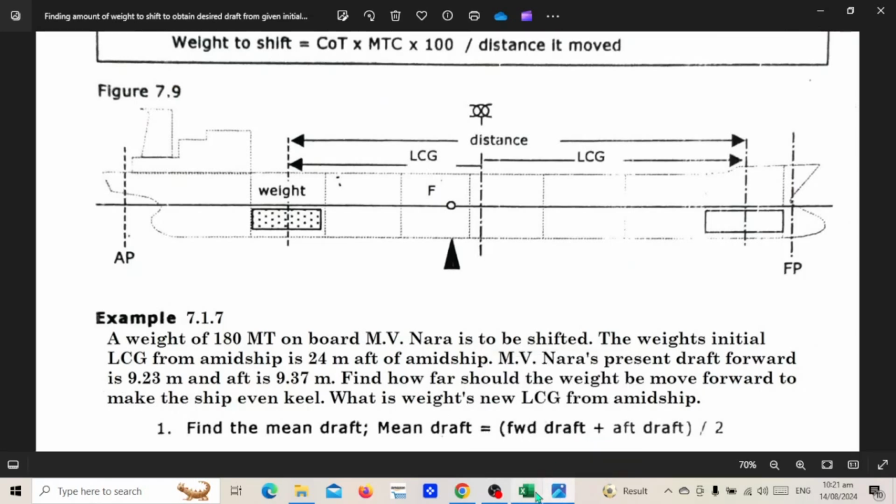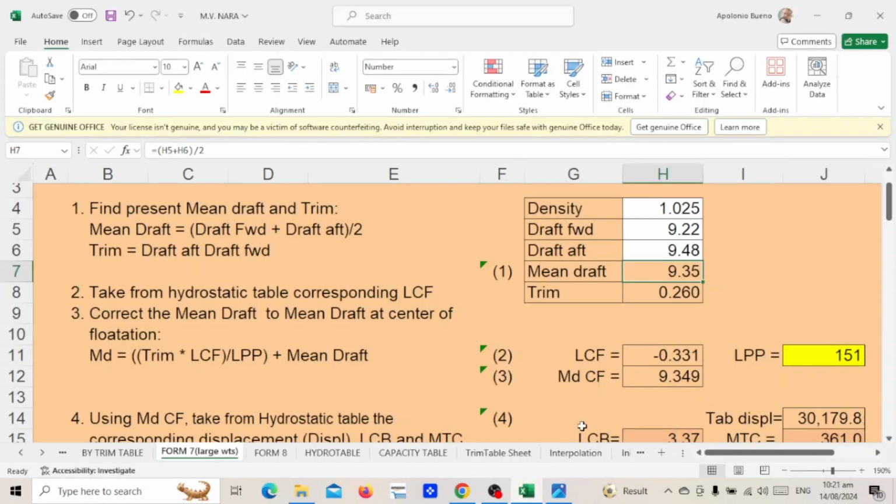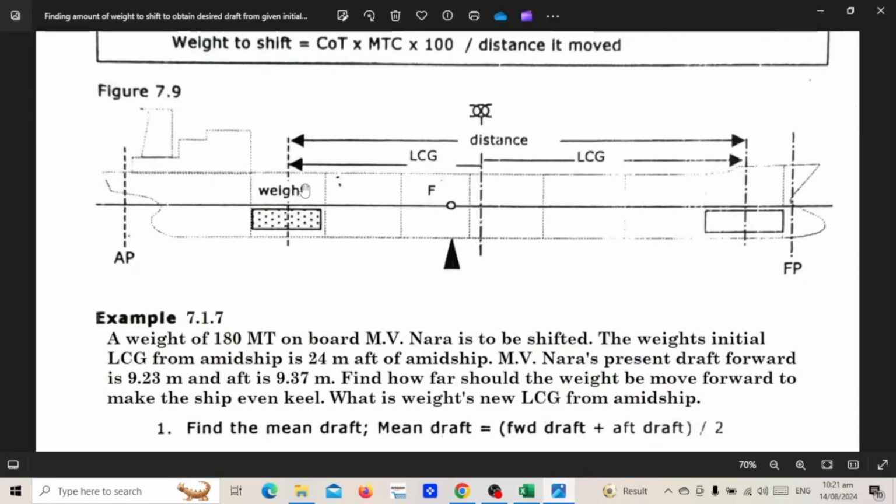Now, the next problem, he says, shift the weight 28 meters forward. You take out the weight of 180 metric tons, and this 180 metric tons, you shift it forward about 28 meters. So 28 meters is around here.